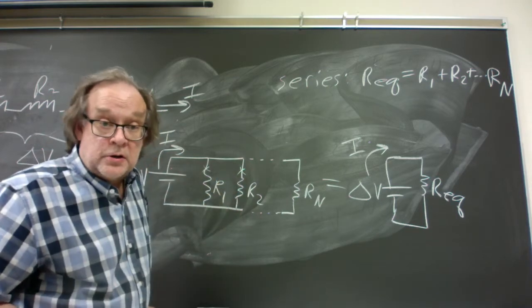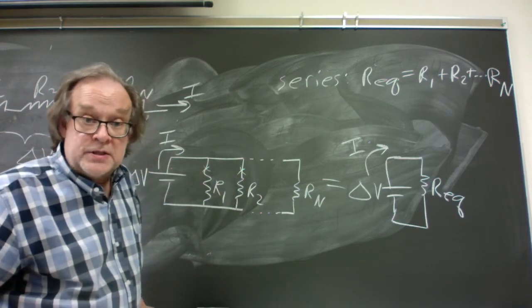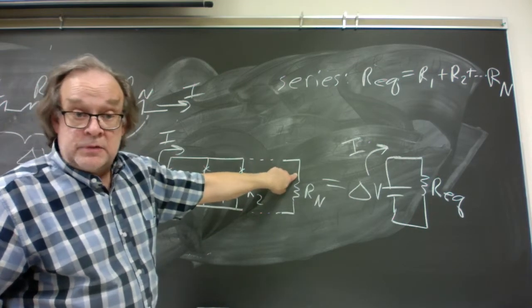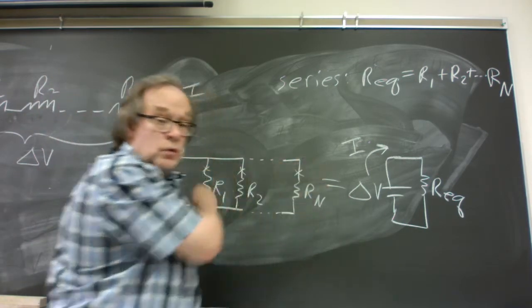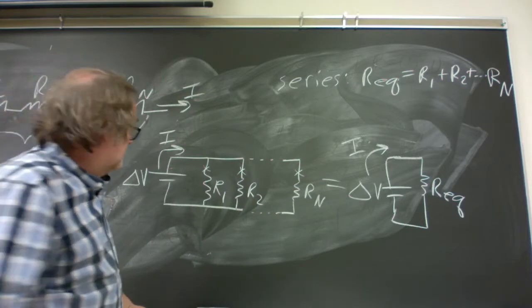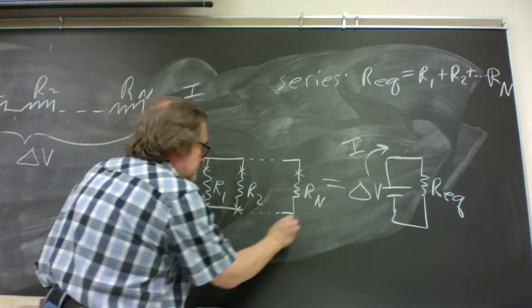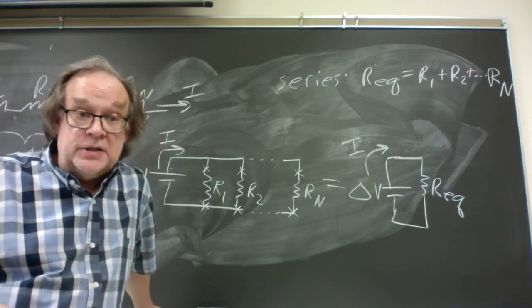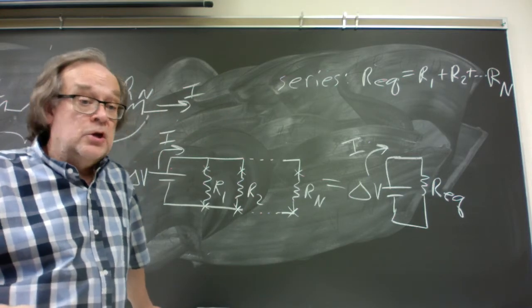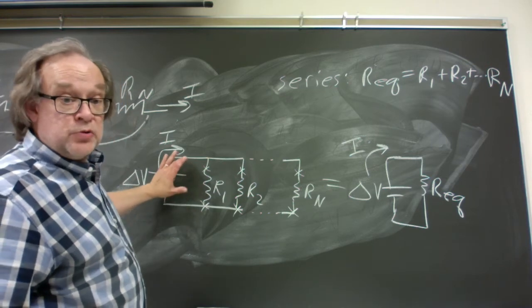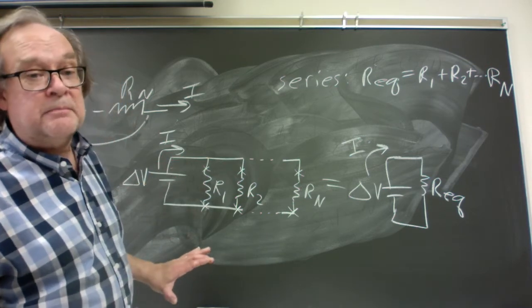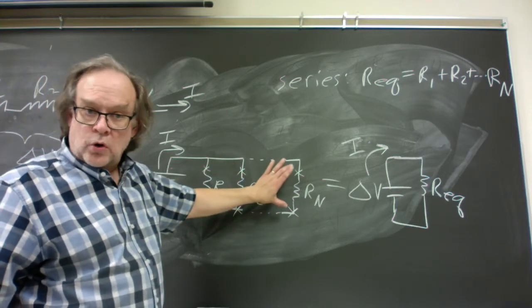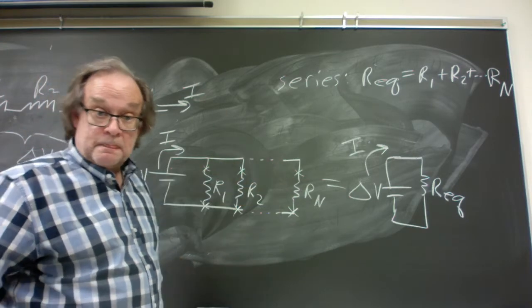those 2 points are connected by nothing but wire, so they're at the same potential. And in fact, they're connected to this point as well, so all those points are at the same potential. And then those points are all connected by nothing but wire, so they are at the same potential, which means the potential difference between here and here is exactly the same as the potential difference between here and here, or here and here.